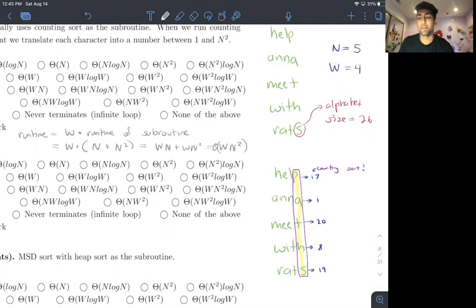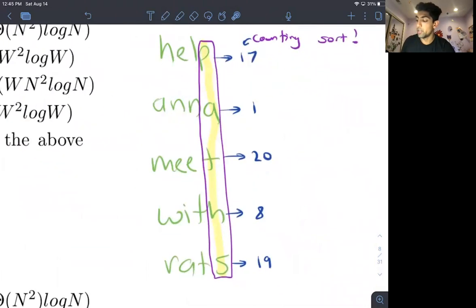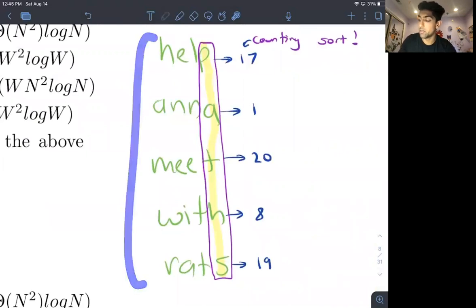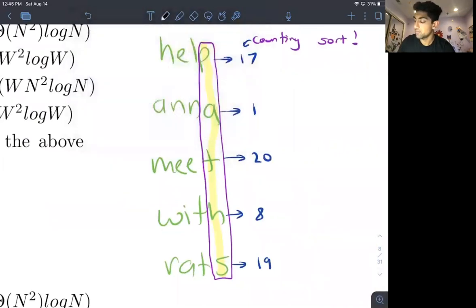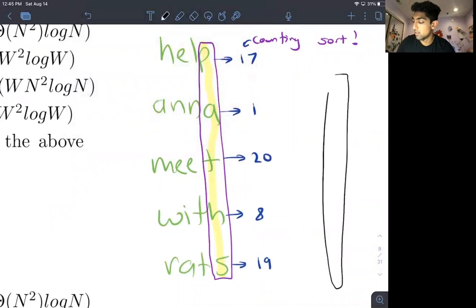Some intuition for why this N squared term dominates is that when we're running counting sort, we only have 5 strings, but we have to create an array of size 26, because there are 26 letters in the English alphabet.